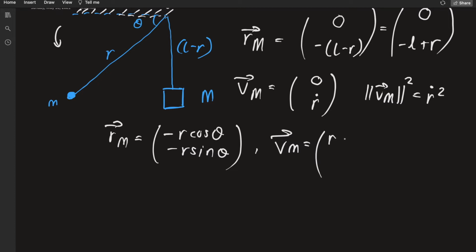First differentiate with respect to theta: we have r sine theta times the derivative of theta with respect to time, theta dot, minus the derivative with respect to r, r dot cosine theta. Do the same thing for the bottom component.